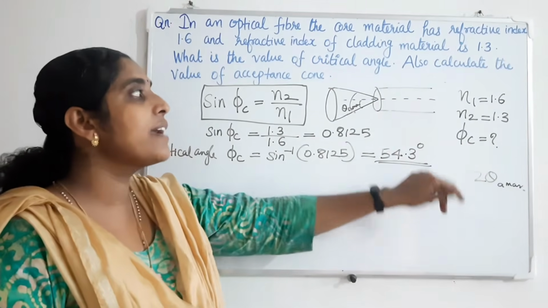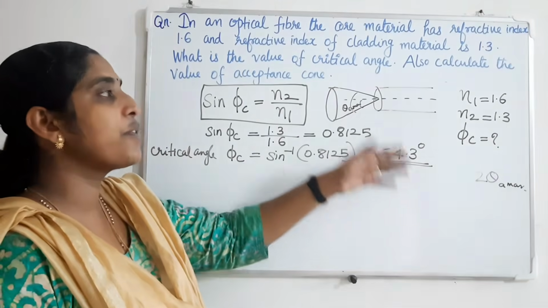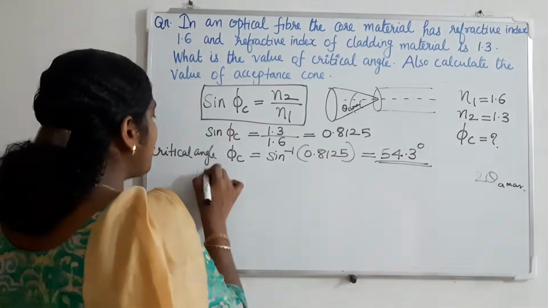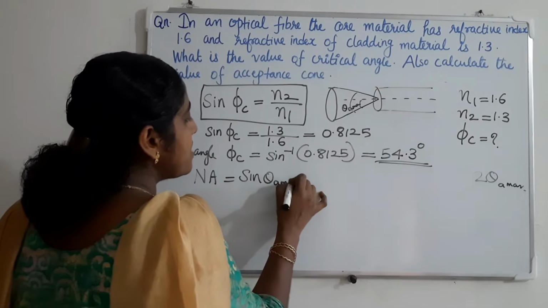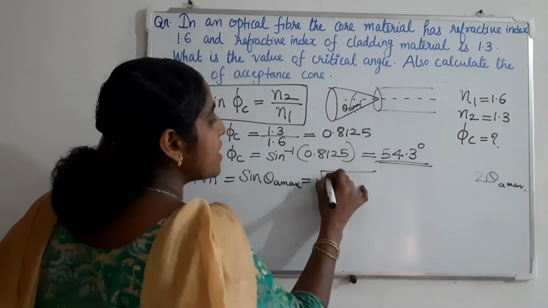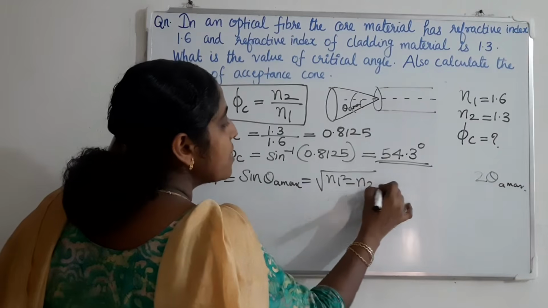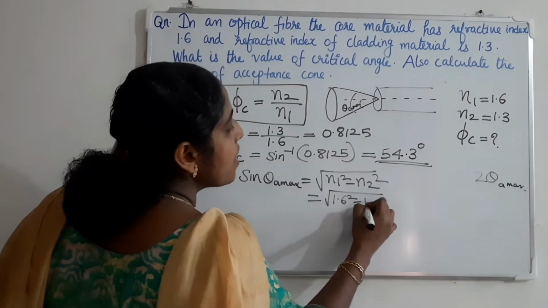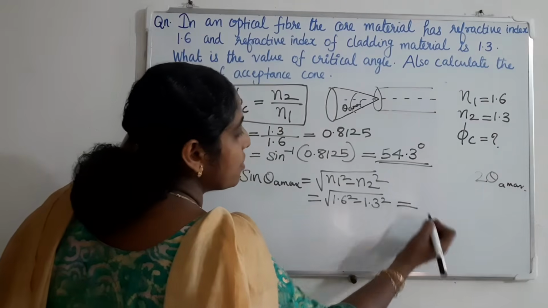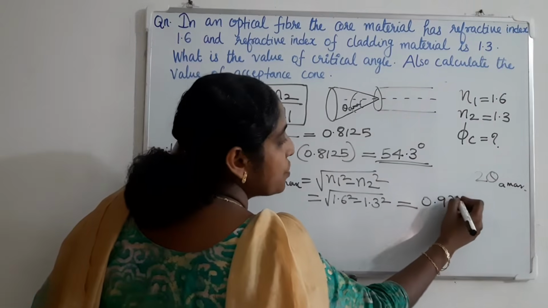The acceptance angle we can find from the expression of numerical aperture. That is, numerical aperture is equal to sin theta A maximum, which is equal to root of n1 square minus n2 square. Here n1 and n2 are given: 1.6 square minus 1.3 square, that is equal to 0.9327.